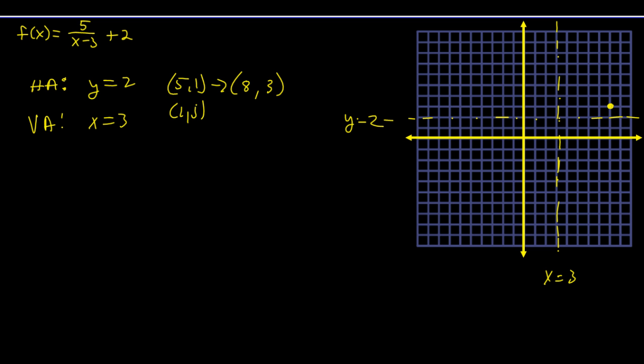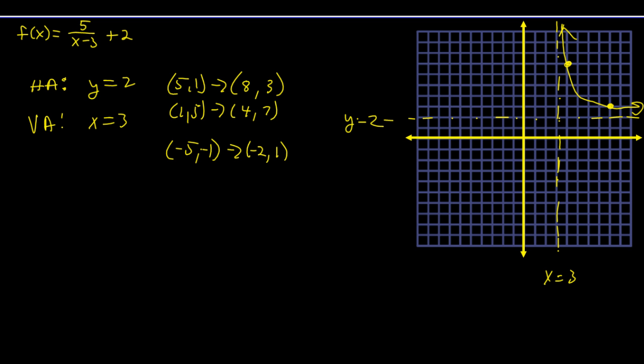Our 1, 5 is being shifted 3 to the right, which is 4, and 2 up, which is 7. So 4, 5, 6, 7. So this part of our hyperbola is over here. Now to get our other part, -5, -1, going 3 to the right takes me to -2, and 2 up takes me to 1.